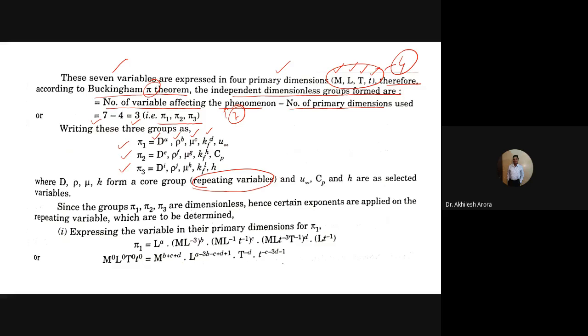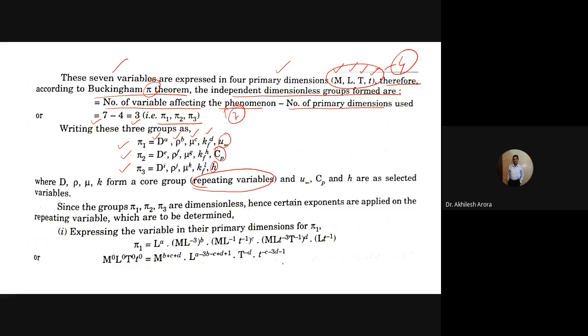The remaining variables, that is u infinity, Cp, and h, are taken as the non-repeating variables. This is how we form the 3 non-dimensional groups. We take diameter raised to power a, rho raised to power b, mu raised to power c, and kf raised to power d, and we can do the same for pi 2 and pi 3.